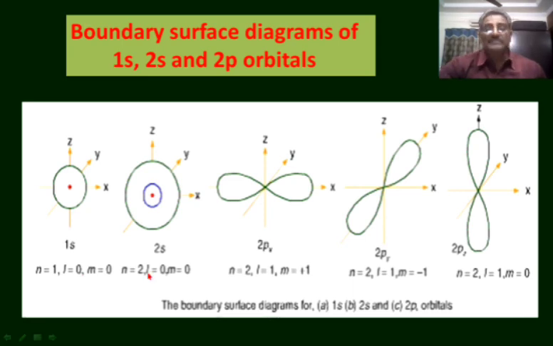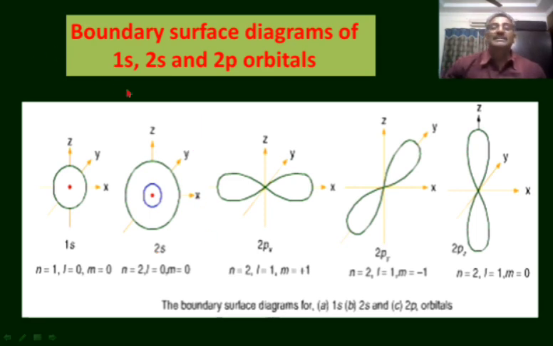The orbitals are characterized by definite energies and angular momenta. The permissible values of these parameters are expressed in terms of quantum numbers. The azimuthal quantum number is related to the orbital angular momentum of the electron through the relationship μL equal to square root of L into (L plus 1) into h by 2π.